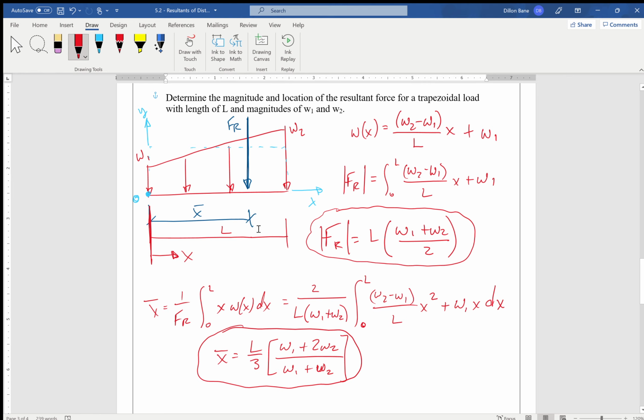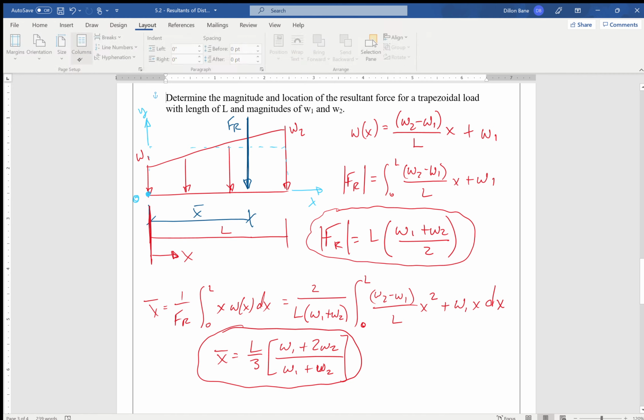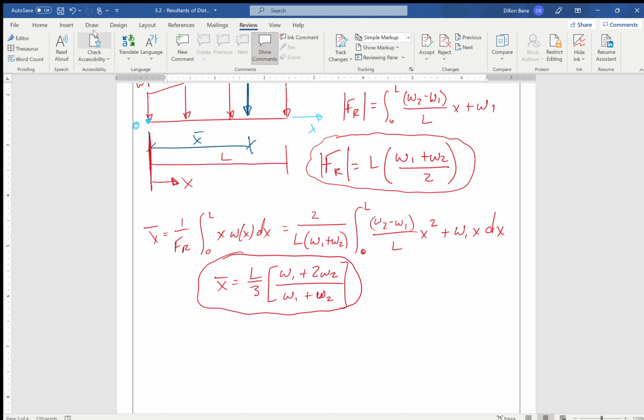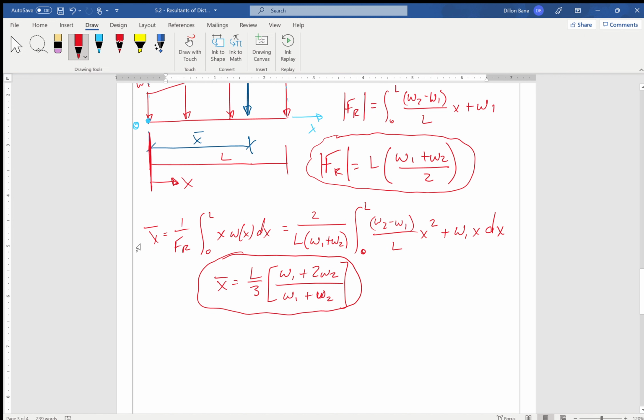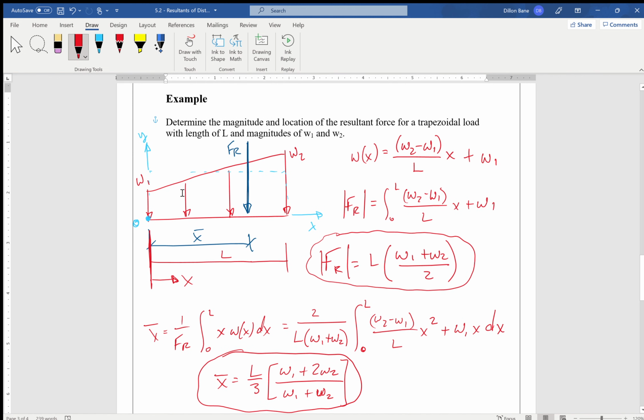I want to make a note though here that we could have done this a different way, all right? We could have, instead of treating this load as a trapezoid, treated this as two separate loads, right?